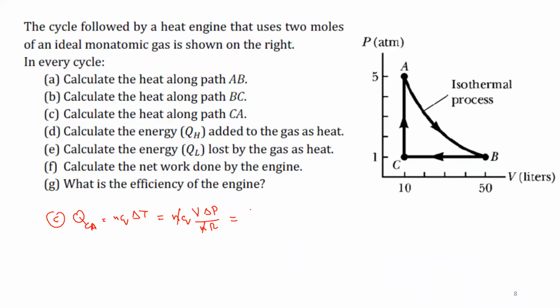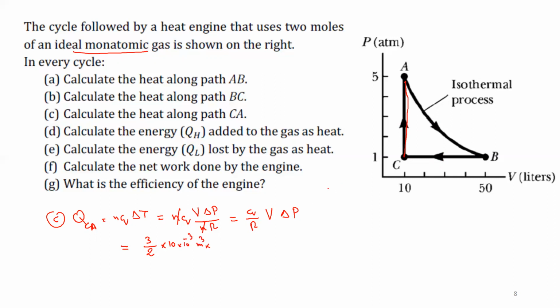So I will have CV divided by R multiplied by V delta P. CV divided by R is just 3/2 because it's a monoatomic ideal gas, as we said before. V, I know it, it's constant. V is 10 liters, so 10 to the power minus 3 meter cube.